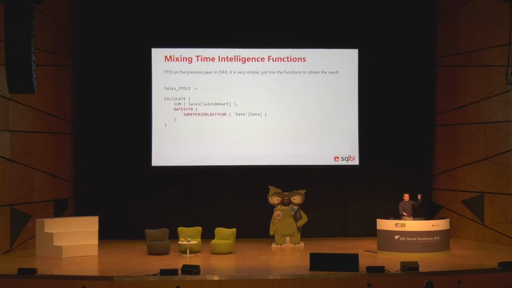You can combine these functions. So for example, what if you want to get the year-to-date of the previous year? The first argument, when you specify date, could be the result of another table function that gets a transformation over dates using another logic. So you can compose the logic of shift in time and aggregation over time, if you want.